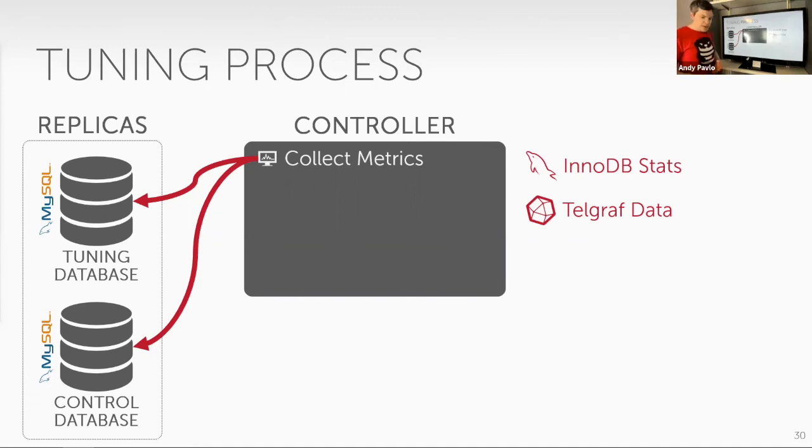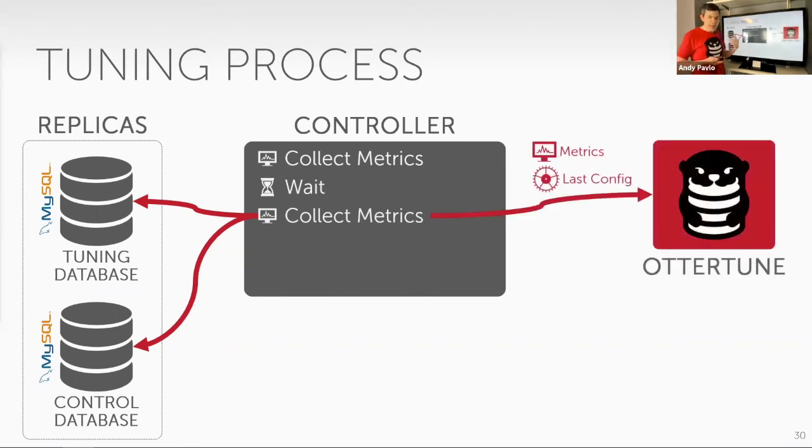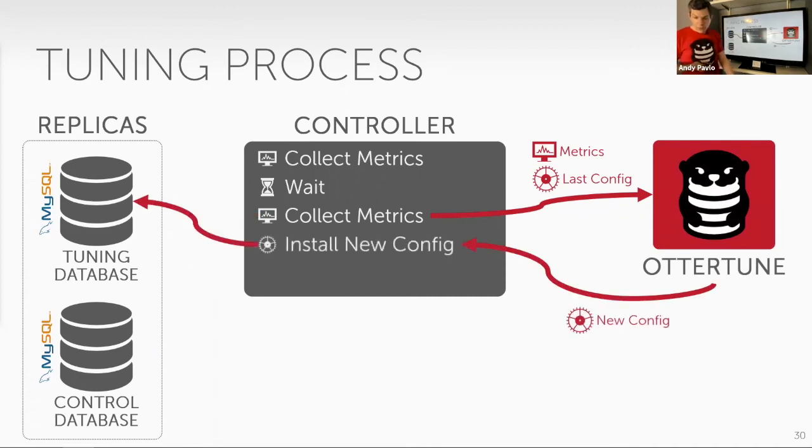All right, and then we would wait for a little bit, observe the measurements again, compute the delta like we did before, and then ship this over to OtterTune with the last configuration that the tuning database was running. Our algorithms run, generate a new configuration, and apply the change, and then repeat the process. And if it's the allowed restart time in the day, then we would essentially also restart it. So again, we never touch the configuration on the control database. We'd only touch the tuning database.